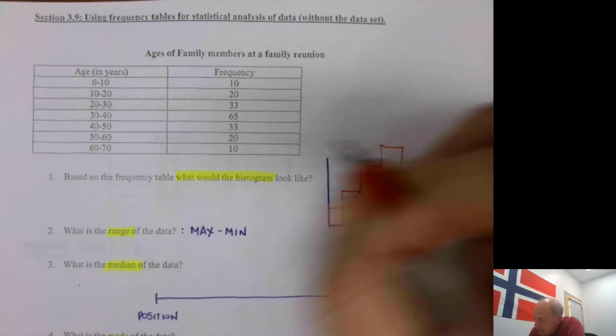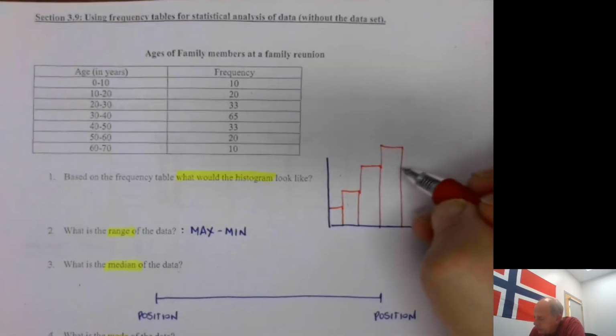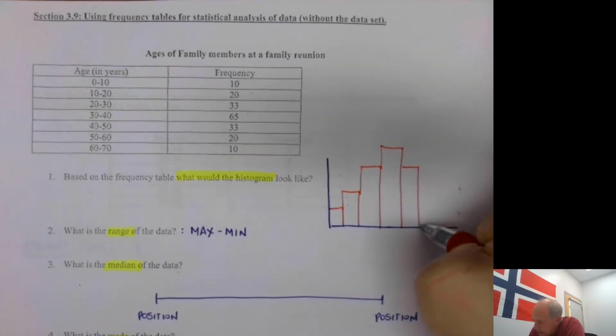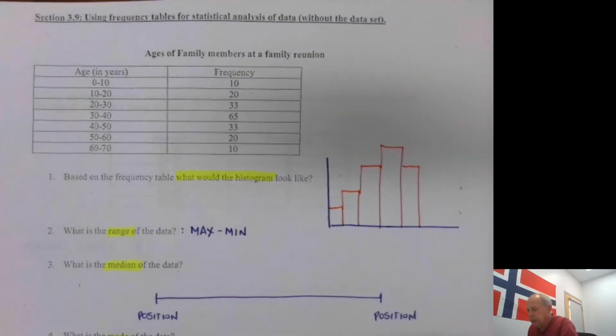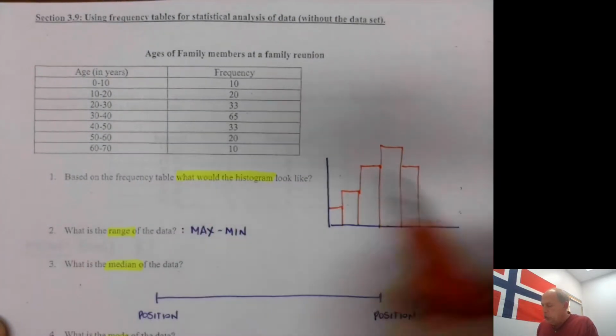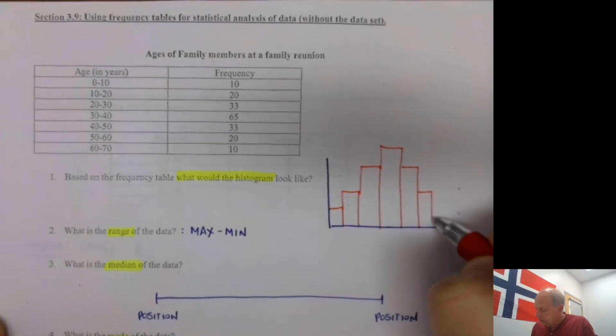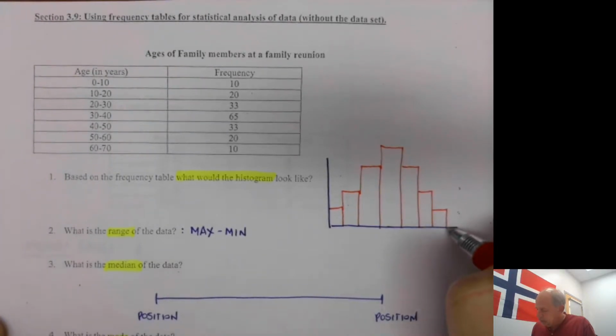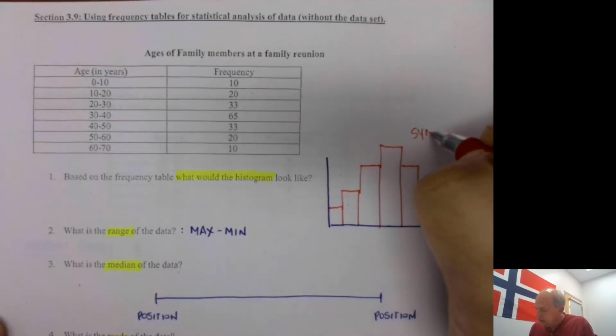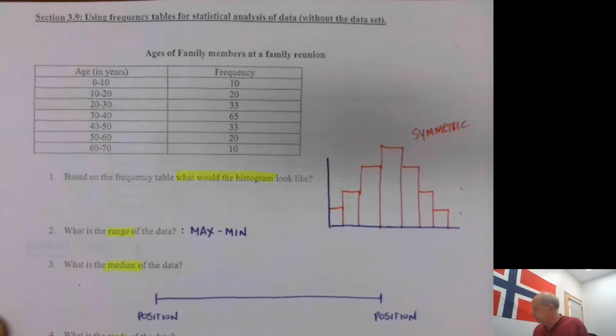There were 65 30 to 40-year-olds. Then it starts going back down. 33 40 to 50-year-olds, 20 50 to 60-year-olds, and then 10 60 to 70-year-olds. You can see that it is symmetric all the way. So there's what you would have for a quick sketch of the histogram.